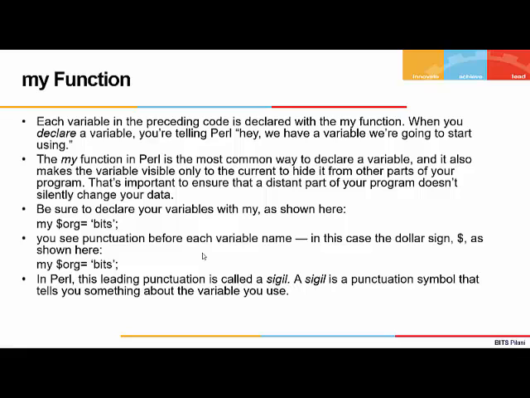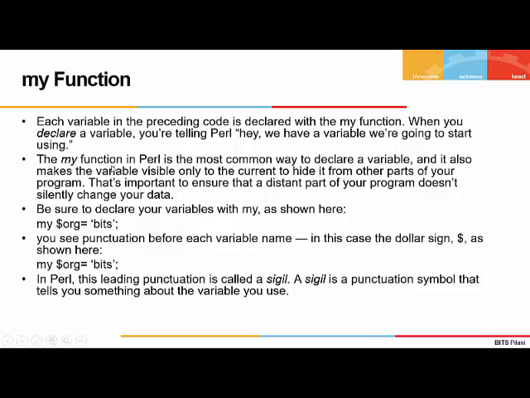Now moving further, as I said, how can we declare a variable? This is by using the my function. Each variable in the preceding code is declared by using the my function. And when you declare a variable, you are telling Perl that yes, this is a variable where you need to start.